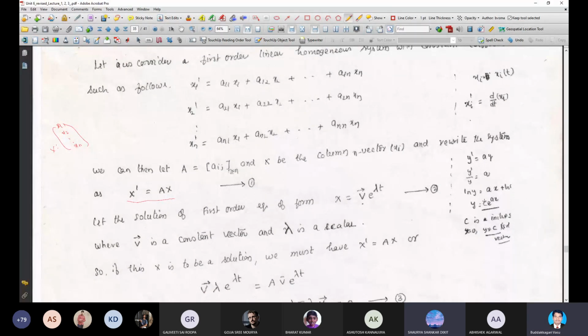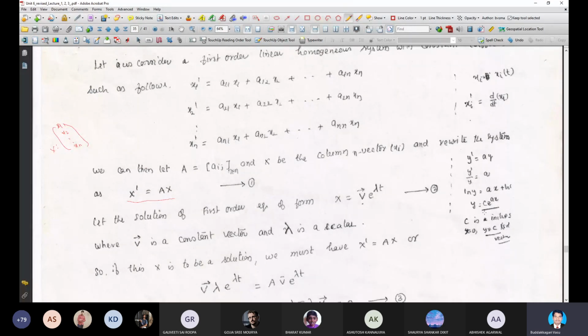Not only here, everywhere the given differential equation is of the form y dash is equal to ay, the solution is y is equal to c into e power ax, in which c is the initial solution, we can say. That means when x is equal to 0, y is equal to c.